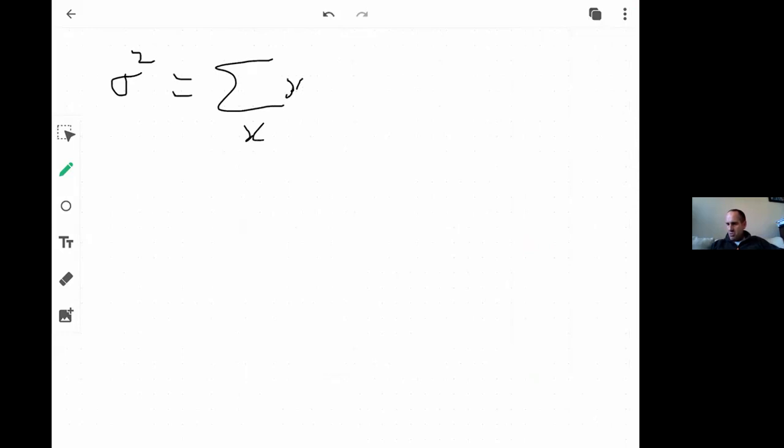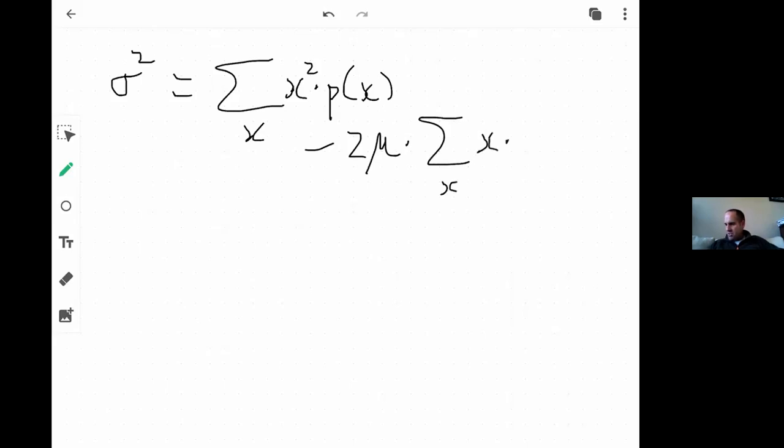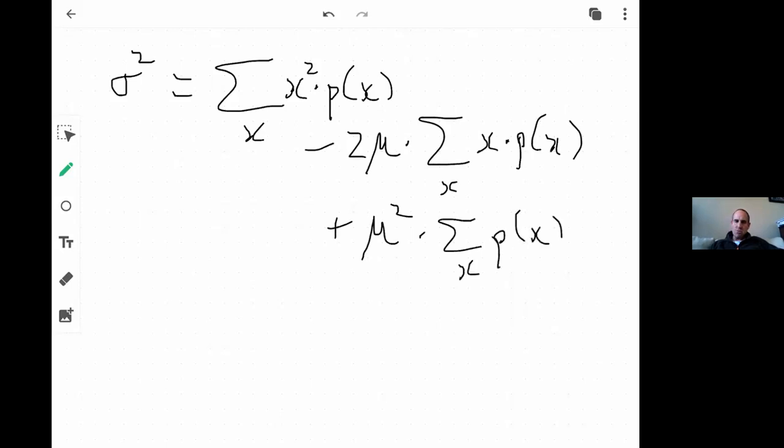I can distribute the p of x through, so this is x squared times p of x, minus 2 mu, which I can pull out from that other sum, times the sum over x of x p of x, and then plus mu squared times the sum over x of p of x. If I distribute p of x to the mu squared term, I still have to take the sum over x, and that's what we end up with. Now here's the thing.